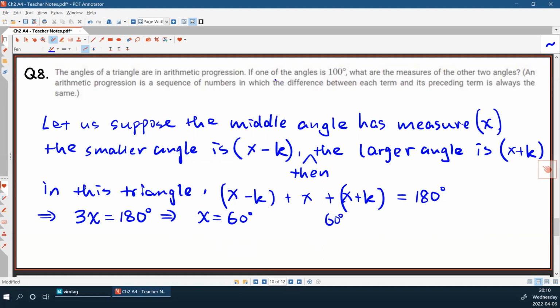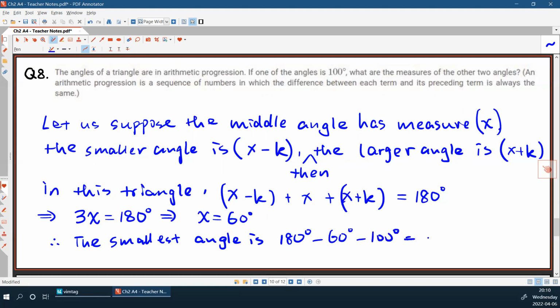And we also know that one of the angles is 100 degrees. Apparently 100 degrees should be the largest angle, right? And apparently this is possible to find the smallest angle. Therefore, the smallest angle is 180 degrees minus 60 degrees minus 100 degrees, which is 20 degrees, right?